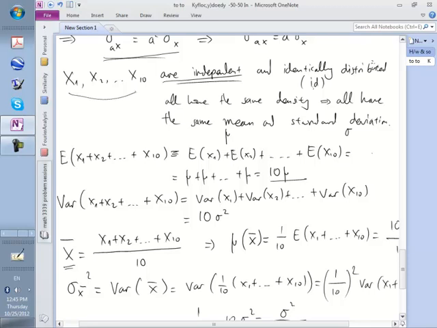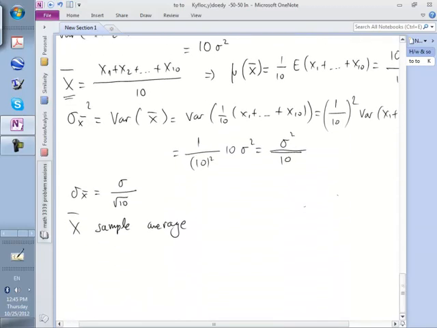Why? Because it's a sample from the same population. And this is something I will be discussing more in the lectures next week. So the sample average has a standard deviation which is much smaller than the original standard deviation.